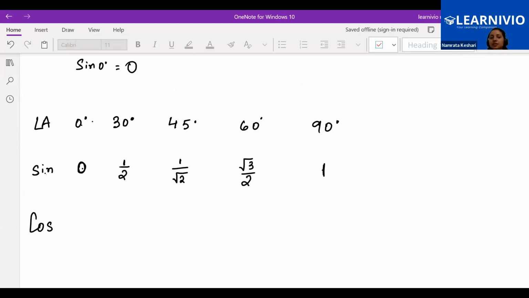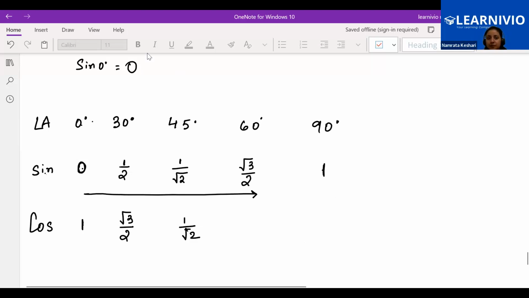So cos 0 is 1. Cos 30 is root 3 by 2. Cos 45 is 1 by root 2. See, the sine sequence was like this, and only the arrow we have reversed. Can you see? We are getting cos 0 degree, cos 30 degree, cos 45 degree. Can you tell me what will be cos 60 degree?